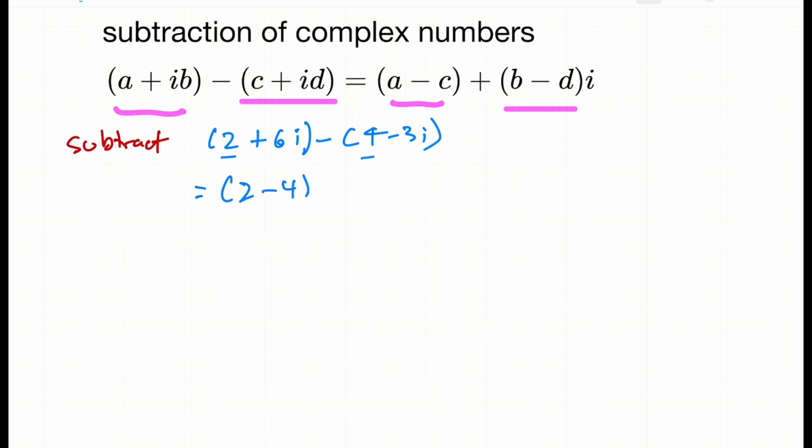Now we want to subtract off the imaginary parts, which is 6, and that's a minus and a minus 3. So let's see, we've got 2 minus 4 is minus 2, and we've got 6, and then this minus and this minus cancel each other, makes that a plus, so plus 9i. So there's our answer for the subtraction.